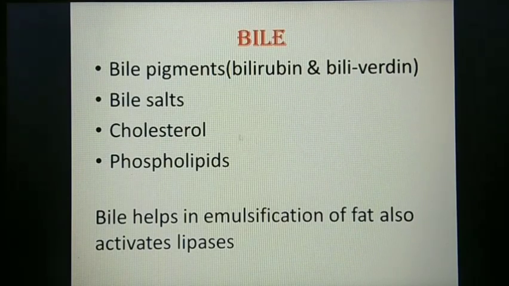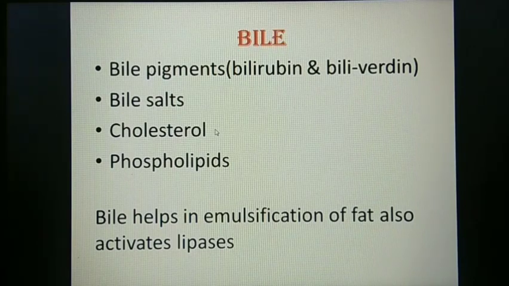Then coming to bile. Bile consists of bile pigments called bilirubin and biliverdin. Bilirubin and biliverdin are bile pigments. It also consists of bile salts, cholesterol and phospholipid. These are the contents of the bile.